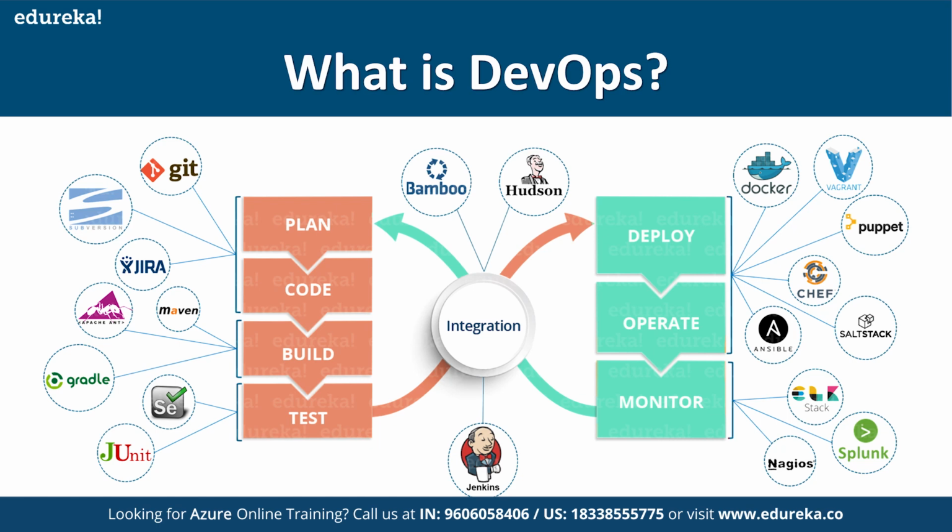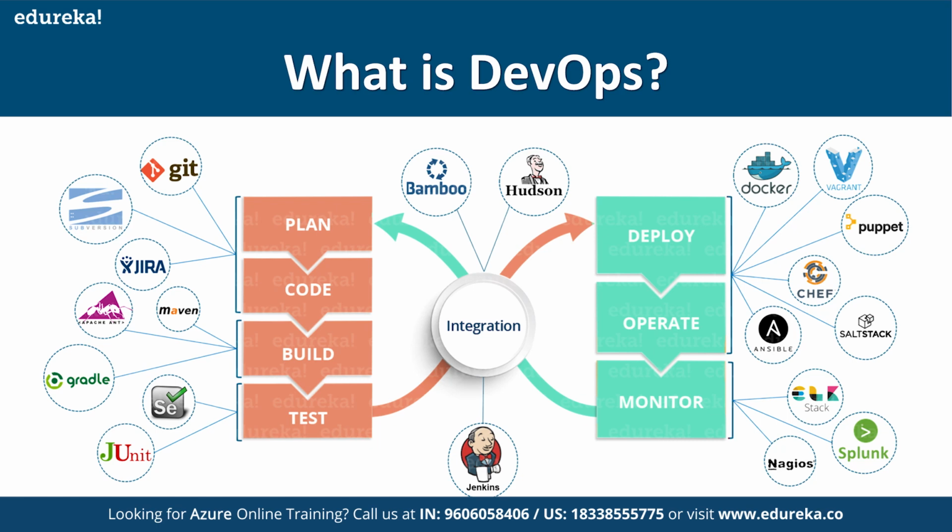There are a number of DevOps tools, some launched around 2020 as well. We have Slack, launched in 2013, one of the top communication tools used for effective collaboration. We also have Jenkins, Docker, Puppet, Chef, Splunk, Nagios, and Ansible.